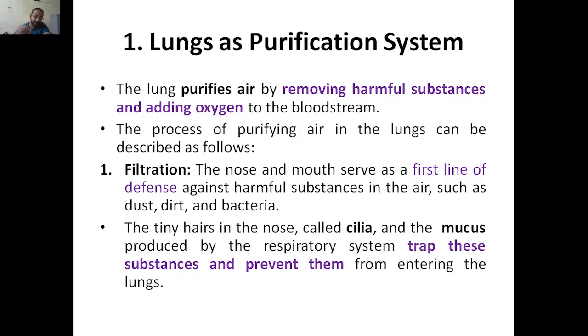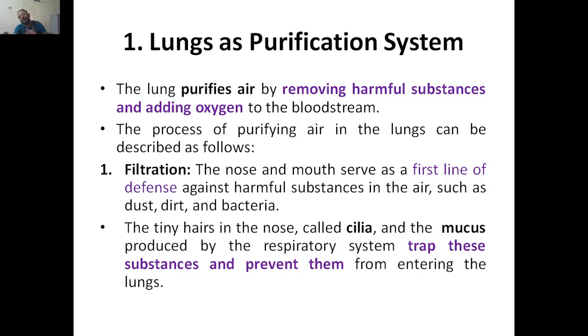Especially when Corona, COVID-19, the pandemic came, everyone might have known, or most of you might have gone for X-rays whenever you had cough or cold. You might have seen the picture of the lung, right? I just want you to connect with the topic. So lungs, I hope everybody knows.